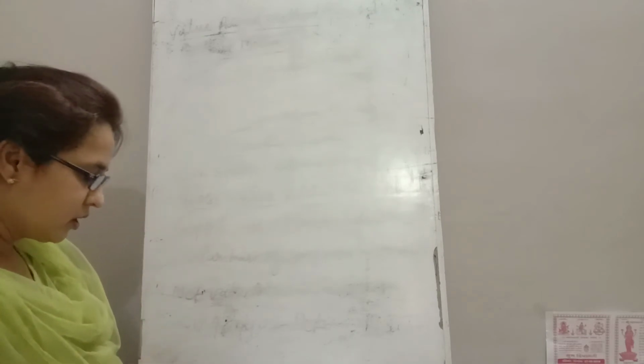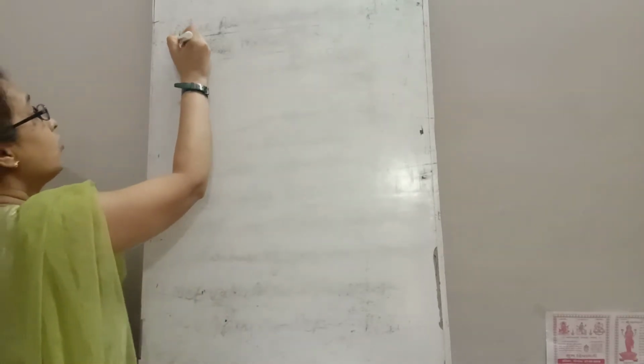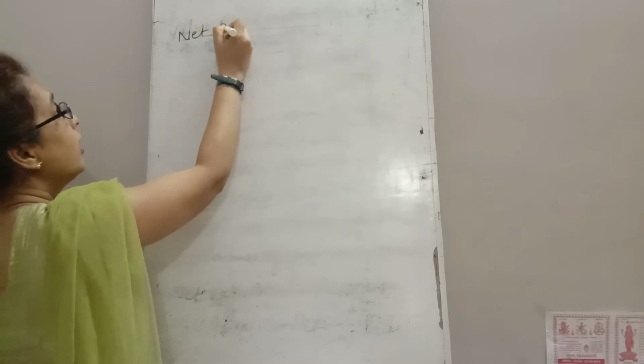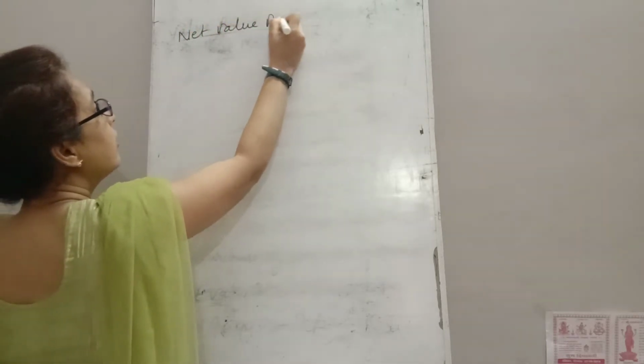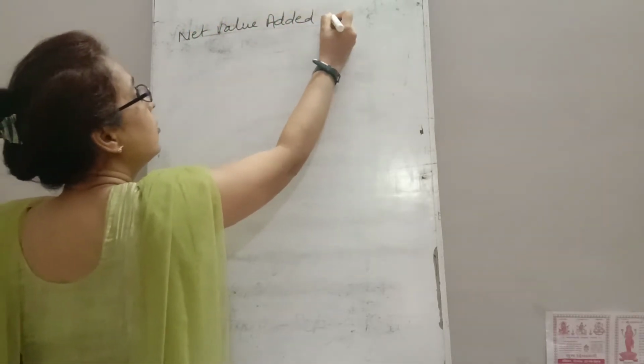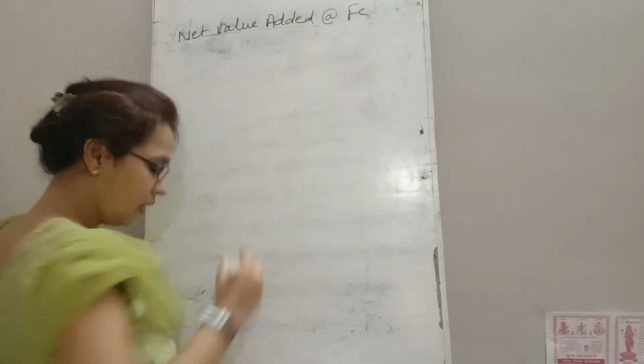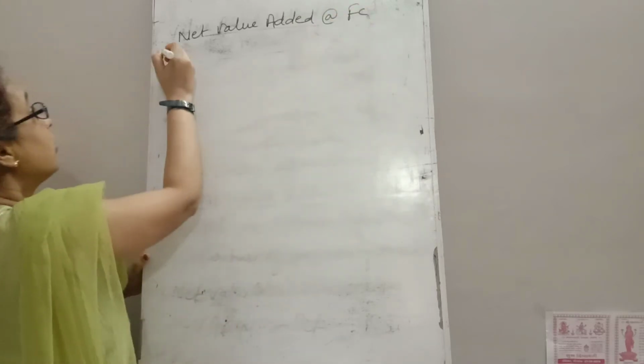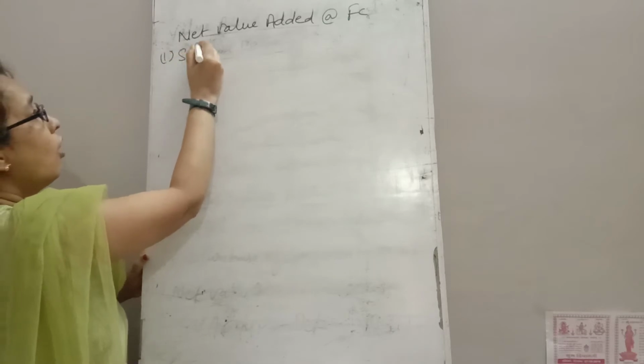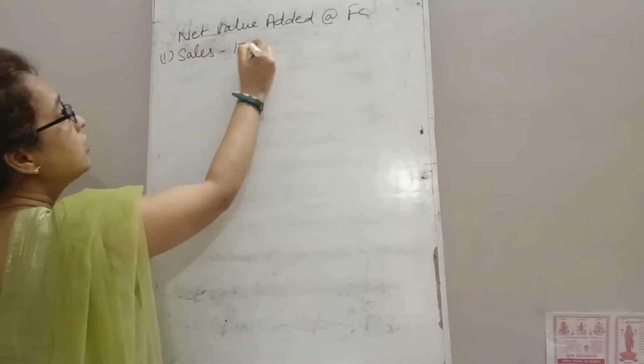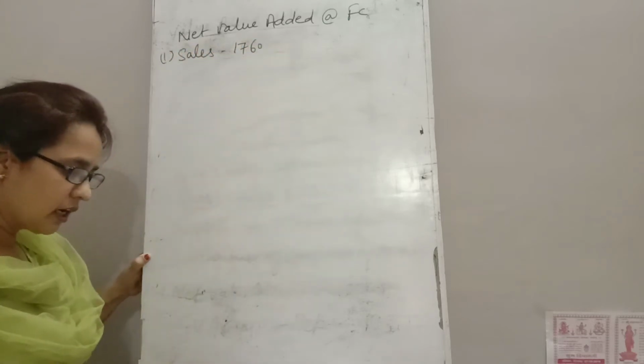Now, in this question, calculate net value added at the rate of factor cost. Clear? For that they have given, first, sales. All of you have just noted down the question, sales.